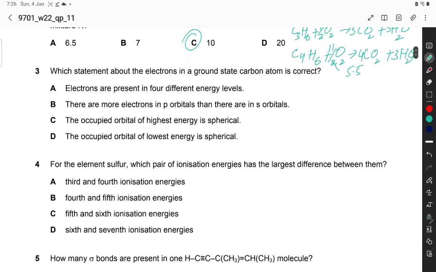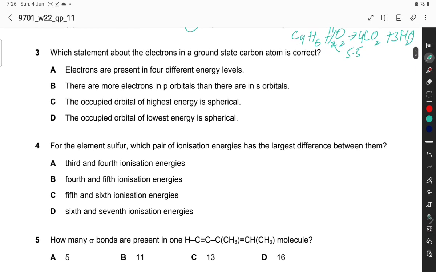Which statement about the electrons in a ground state carbon atom is correct?